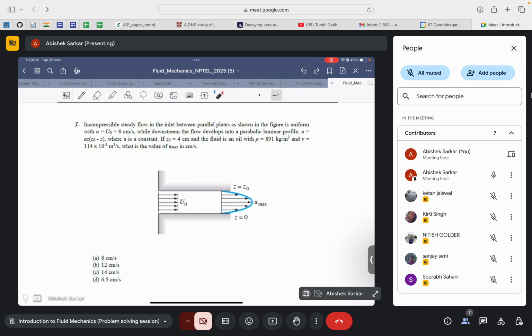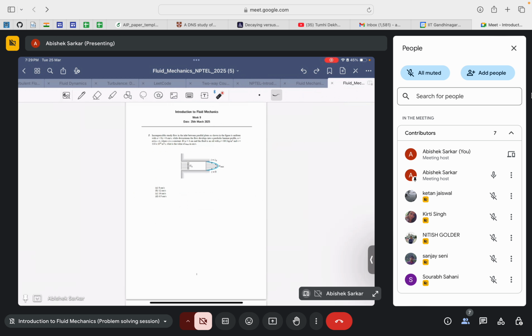So the downstream flow at the outlet is a parabolic laminar profile, where u is a z times (z naught minus z), where a is a constant. If z naught is equal to 4 centimeter, the fluid is an oil with rho equal to 891 kg per meter cube, and nu, the kinematic viscosity, is 114 times 10 to the power minus 6 meter square per second. What is the value of u max?